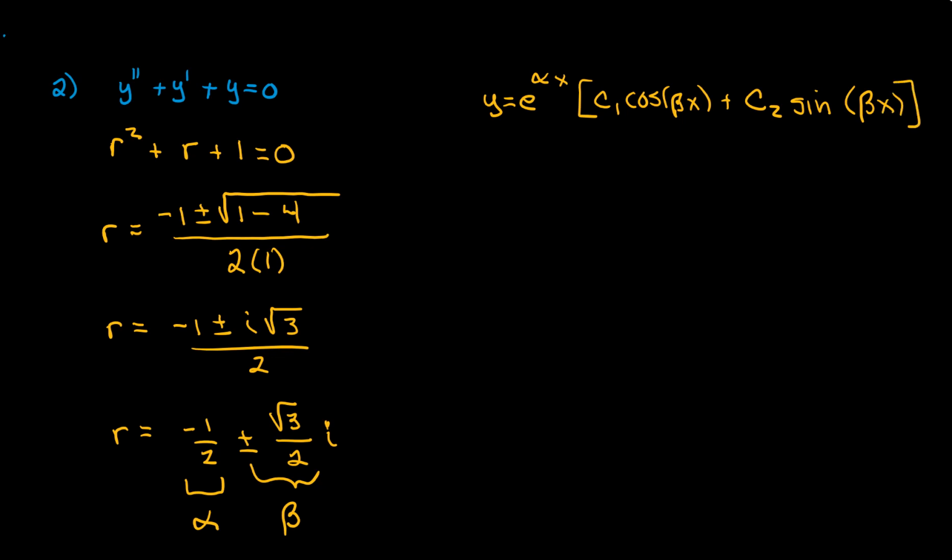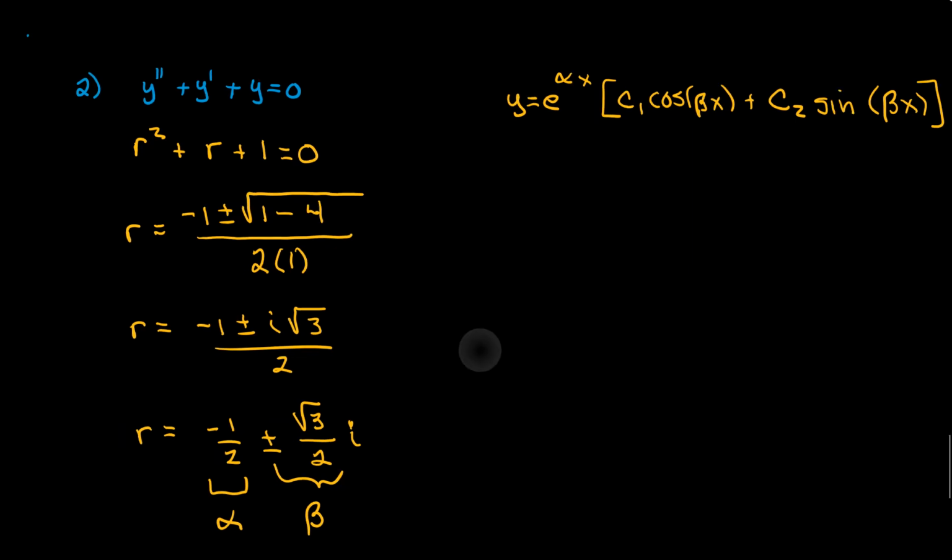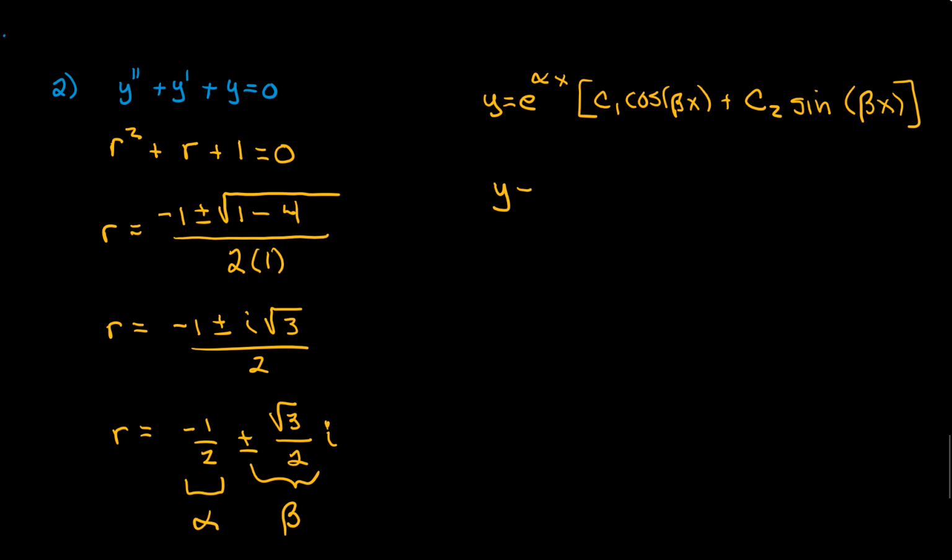Okay, with that, you're ready to go. You can write down your solution at this point. y is equal to e to the alpha x, so that's going to be e to the negative 1/2 x times c1. We don't know what that's going to be because we do not have an initial condition.